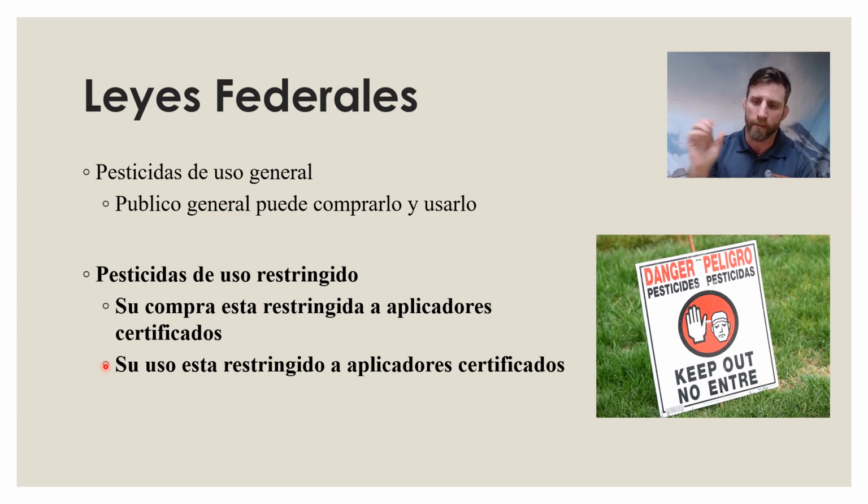We'll talk about the different licenses later, but this is the big thing. Why you're taking this training is so you can be a person that can purchase and apply a restricted use pesticide versus a general use pesticide. And this is relating back to FIFRA.